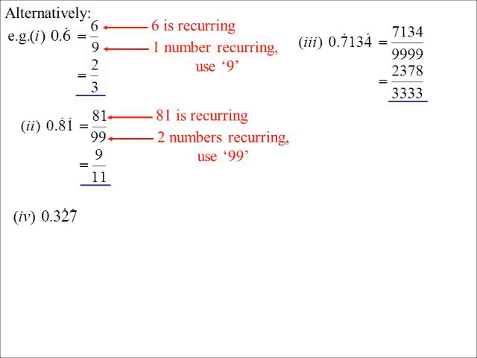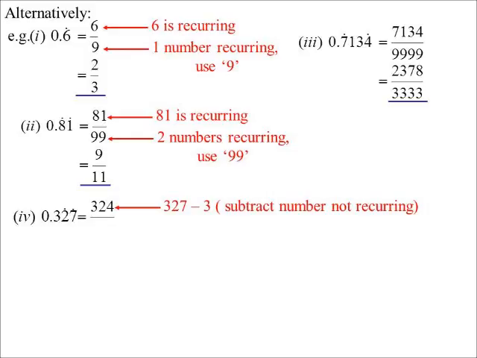What about the one where not all the numbers are repeating? This is how we get the top. It's 324 on top. Why? There you go. 327 is the number, but I subtract 3 because it's not part of the repeating. So I write down the number 327, but I subtract the number that's not repeating.